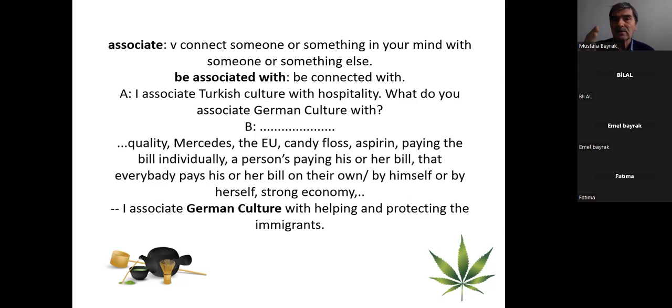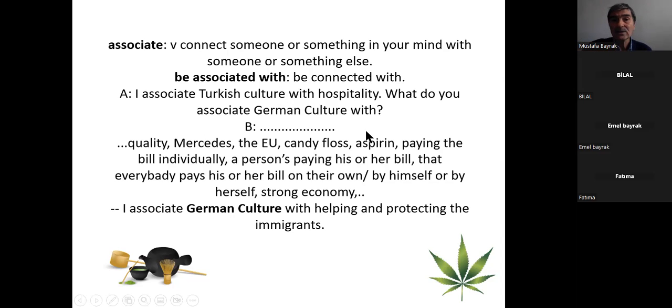What does it mean? When I think of Turkish culture, hospitality comes to my mind. So I associate Turkish culture with hospitality. With the passive structure: hospitality is associated with Turkish culture, okay?